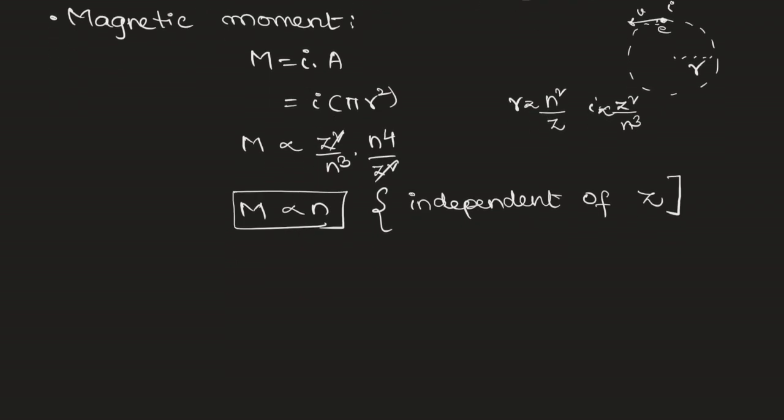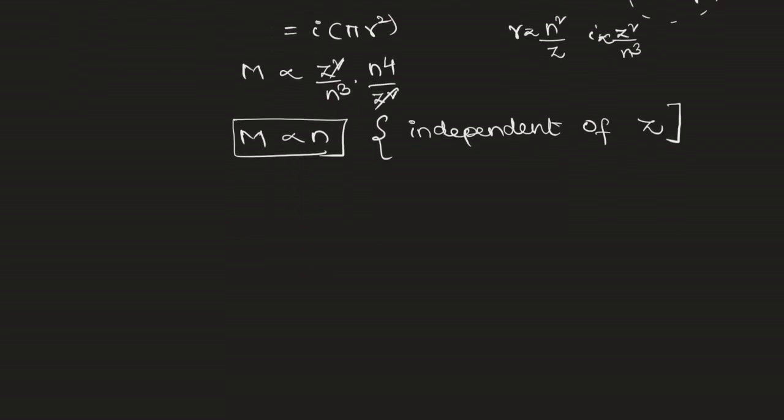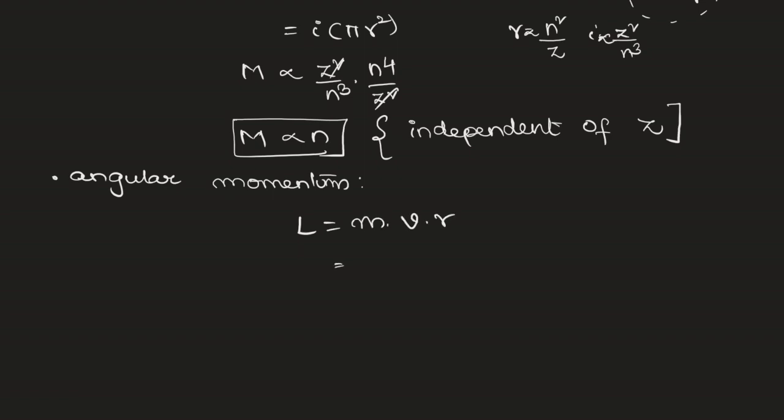Once we know about magnetic moment, here itself we can speak about angular momentum. Angular momentum is m into v into r. M into v is proportional to z by n, and r is proportional to n square by z.